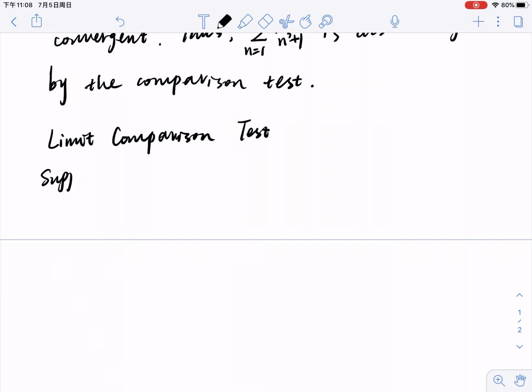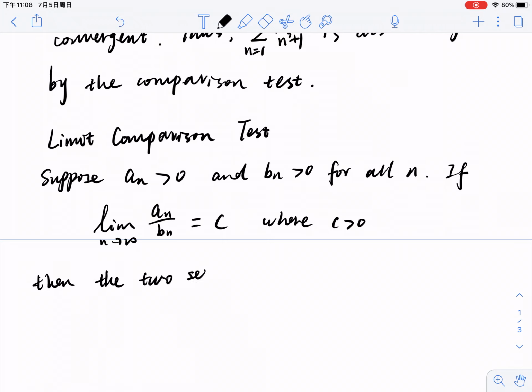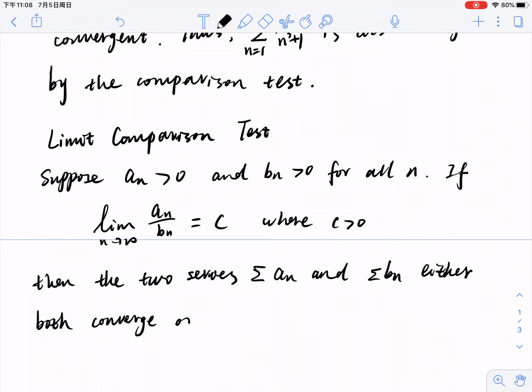So suppose an is positive and bn is also positive for all n. If the limit of an over bn as n goes to infinity is c, where c is positive, then the two series sigma an and sigma bn either both converge or both diverge.